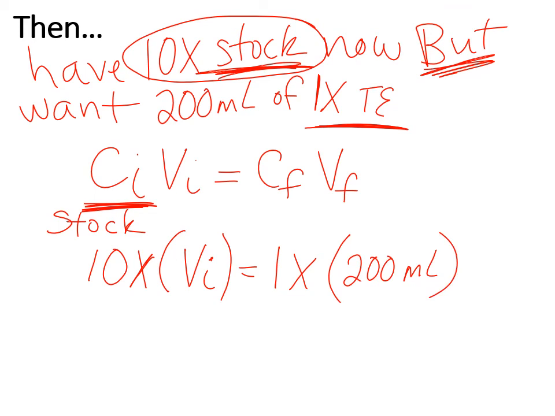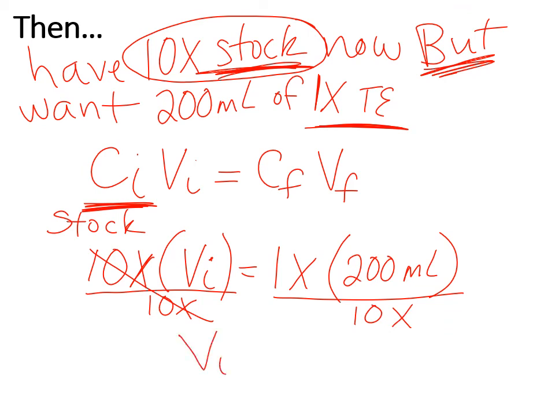Okay, so now you solve for VI. You divide both sides by 10x. The units will cancel out there. And you have VI, if you can use your calculator if you're unsure of that, or you could just cancel out what looks the same. You would have 20 ml.